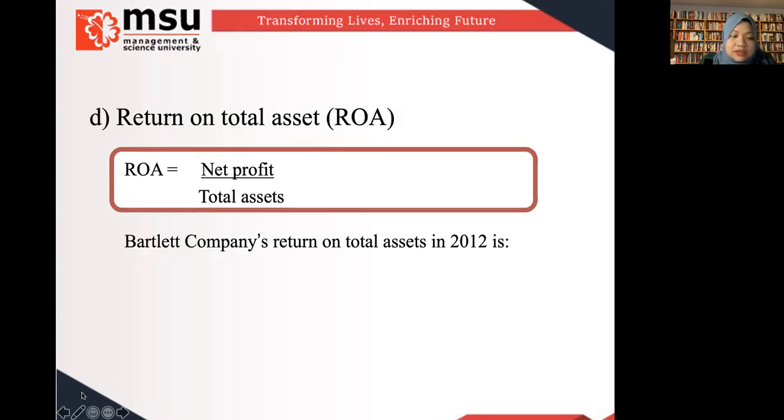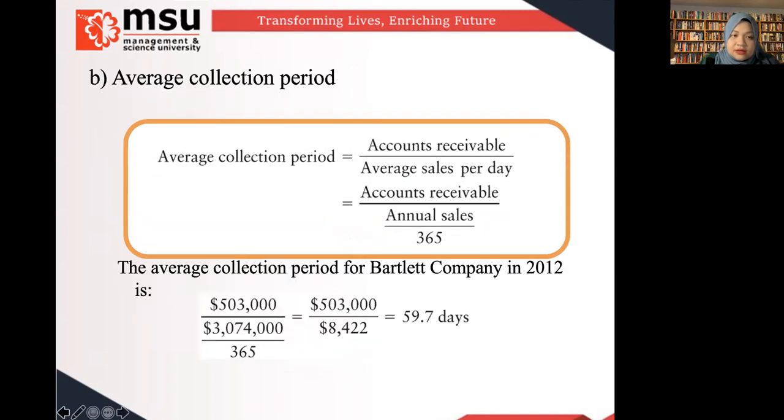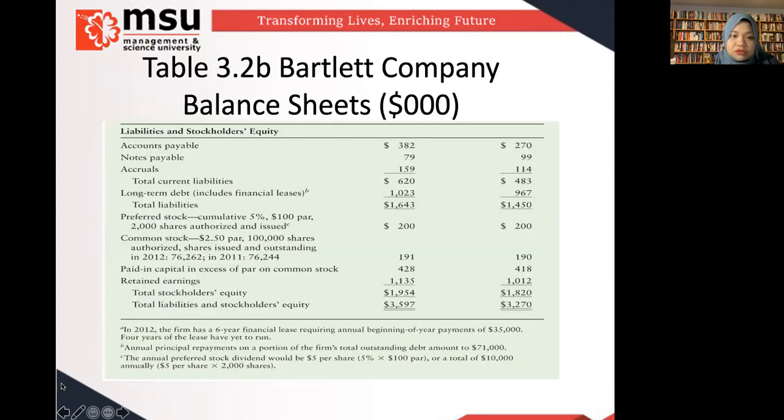So total equity, net asset, I'm sure you can get it. Where is net asset? For this example, total equity, you can take this amount, 1954. This is total equity: preferred stock plus common stock plus paid in capital plus retained earning.